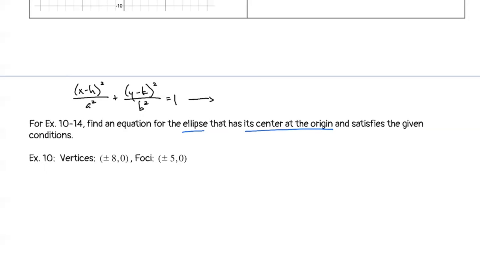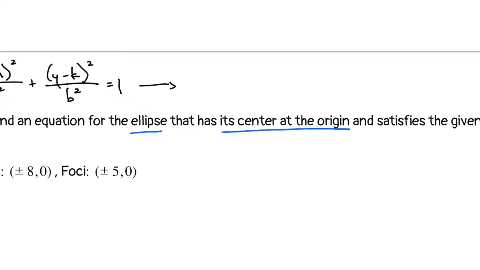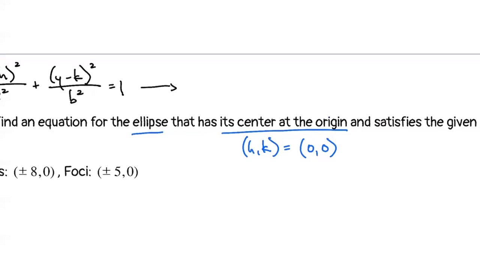Tell me more about that, Matt. What do you mean by remove H and K? Yeah, how come we can put zeros for H and K? Is it because the center is at the origin? Exactly, exactly. When I said the center's at the origin, sneaky me was saying H comma K. Oh, let's write that more carefully, Judy. H comma K is 0, comma 0, right?